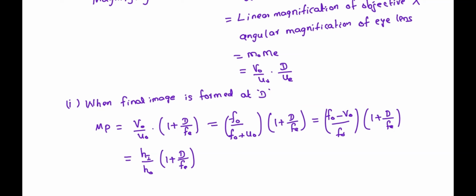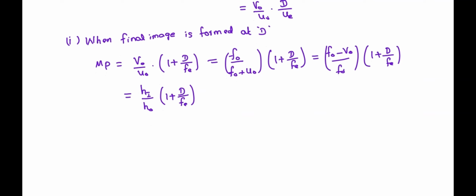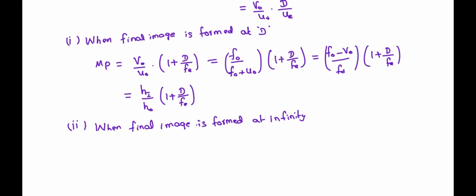Here the height of the image is the intermediate image height, not the final image height, because this hI by h0 corresponds to the objective lens. While coming to the second case, when the final image is formed at infinity, we have the magnifying power equal to v0 divided by u0, and D by ue is nothing but D by fe.